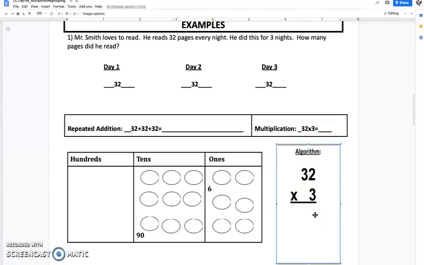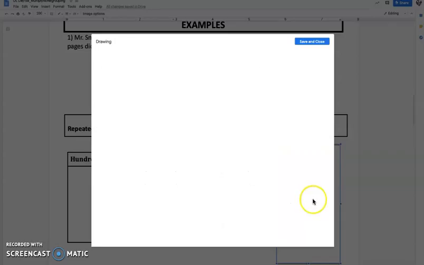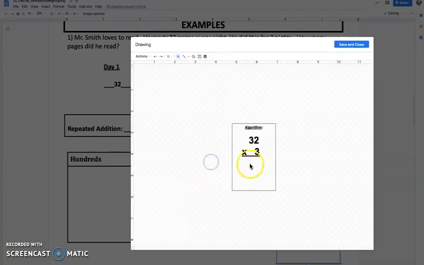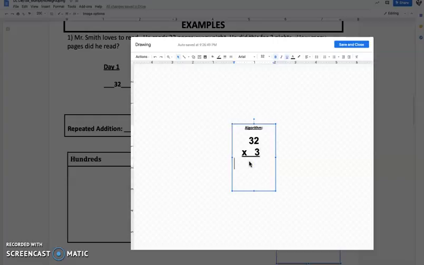So I know without even going through the algorithm that my answer would be 93. And I'm going to put that in the right spot because we have to make sure that we are aligning the answers with the problem.